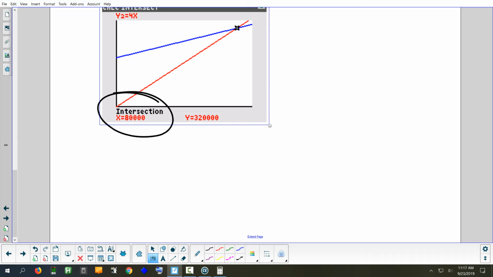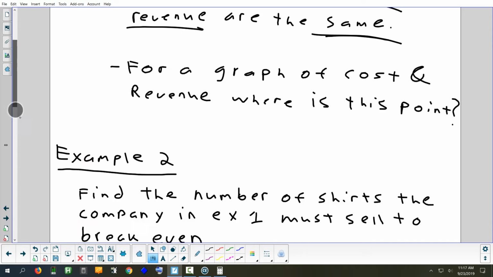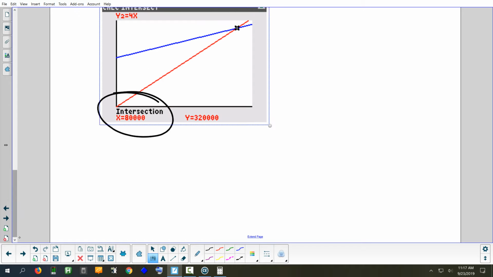So the cost is 320,000. The revenue is also 320,000. This is the break-even point. It's when the cost and the revenue are the same. So now every shirt they make after 80,000, now they're making profit. Okay? Before that, they were still kind of in the hole. Maybe the $200,000, if it was a business, that could be like the startup cost. So it takes them a while to start making money.